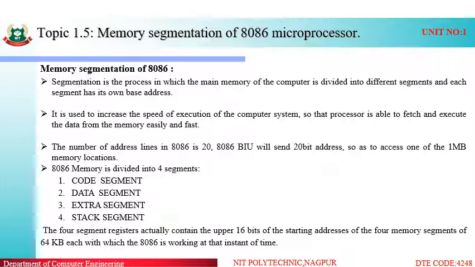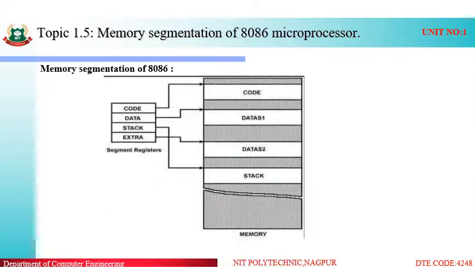So what will that register hold? The base address of the code segment or the base address of a particular segment. So you don't need to be confused between the two. Registers are different and memory segments are different. So likewise we have divided it into four parts.